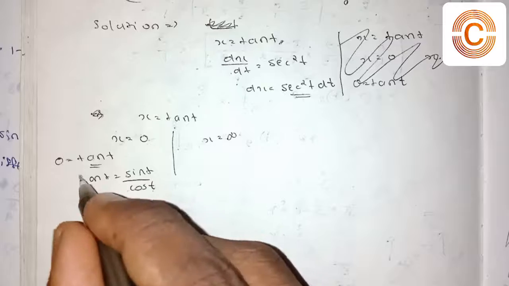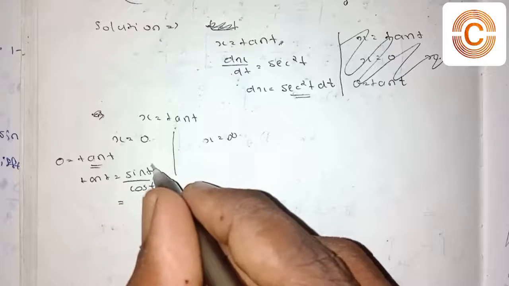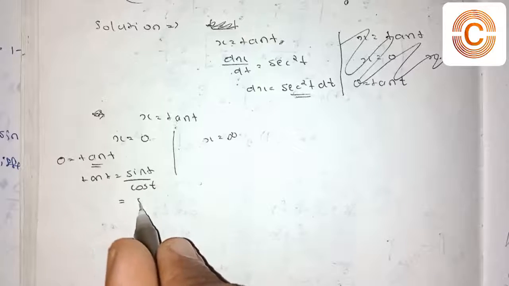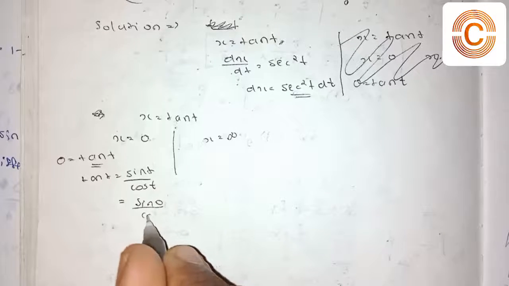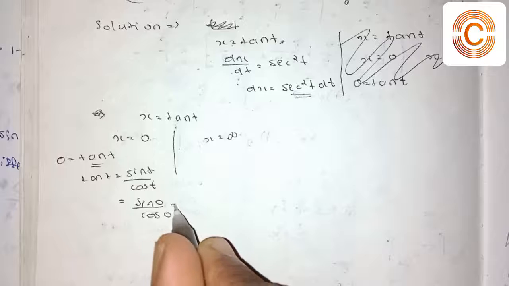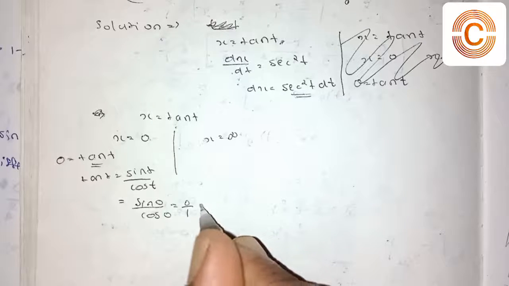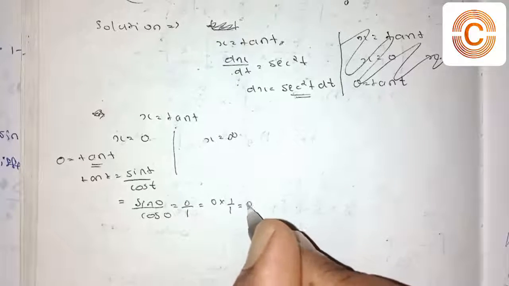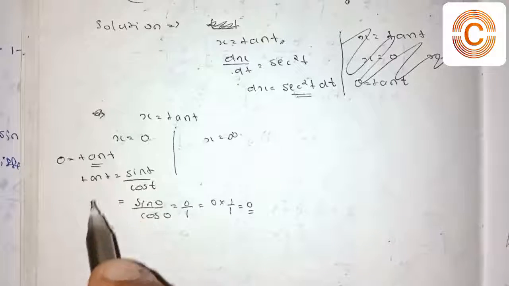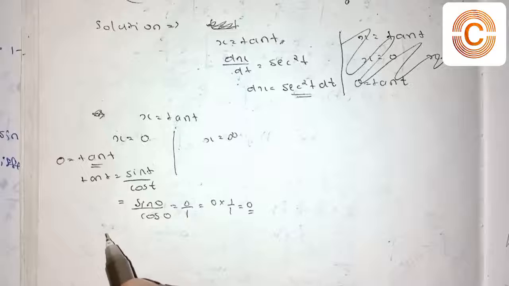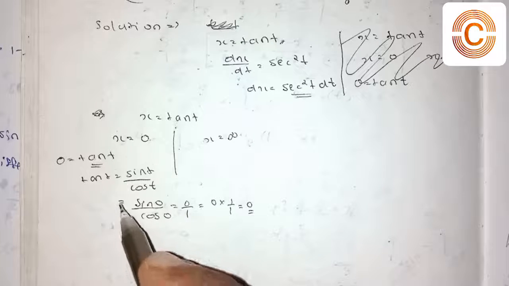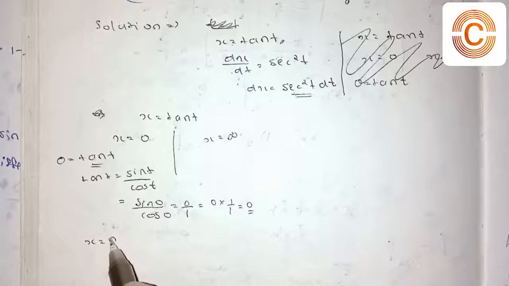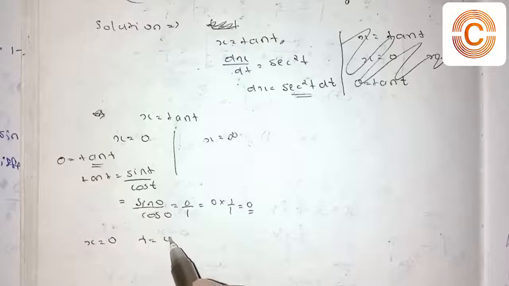Tan t is equal to 0 when the numerator is 0, and sin has the value 0 at sin 0. Then sin 0 divided by cos 0 is equal to 0 divided by 1, which is equal to 0 also. Therefore t is equal to 0 here. So tan gets the value 0 when t is equal to 0, that is when x is equal to 0, t is equal to 0 also.